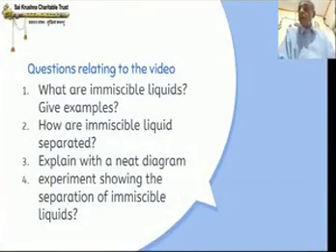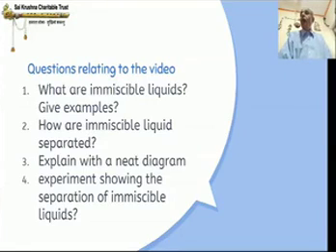Now here are a few questions. First question: what are immiscible liquids? Give examples. Second question: how are immiscible liquids separated?